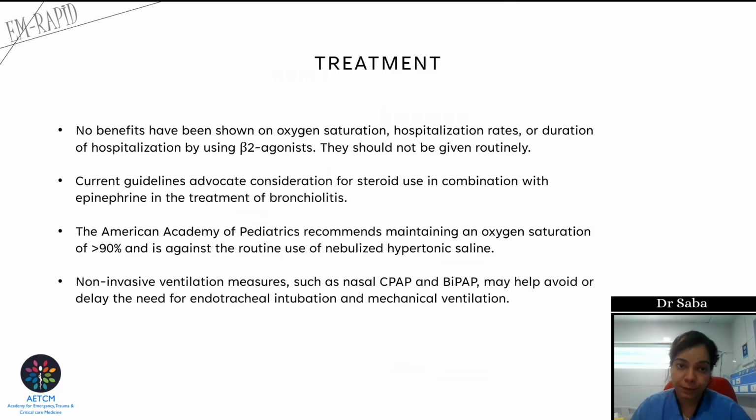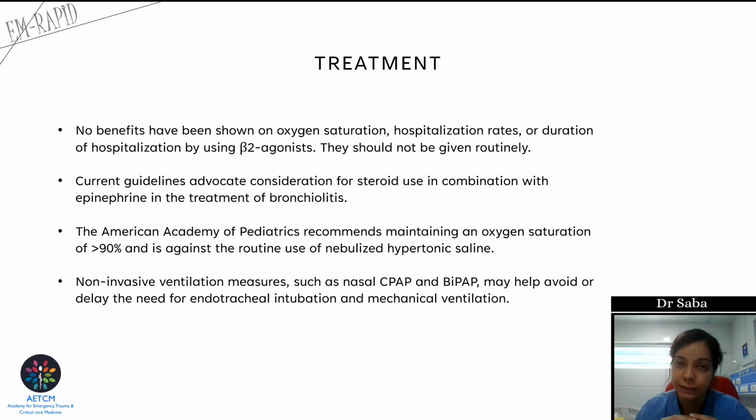Moving on to the other part of the treatment, there are no benefits shown in hospitalization rates or the duration of hospitalization or improvement in the patient's overall condition, oxygen saturation, and all of it by using beta-2 agonists, that is your salbutamol, albuterol, and all.